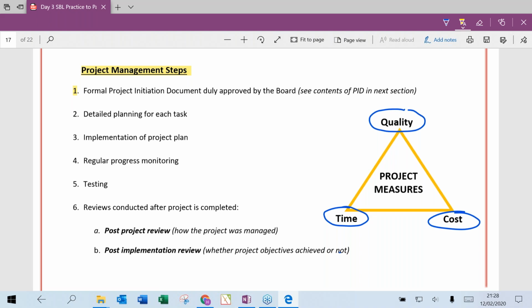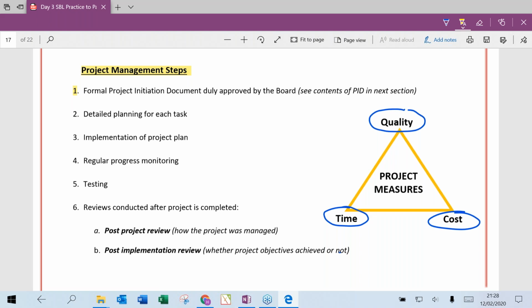Whatever steps we just studied, under post-project review we just look at whether we followed all the project management steps and frameworks. It's done just once, and the objective of post-project review is lessons learned, what mistakes we made, so that in future projects we are better equipped.